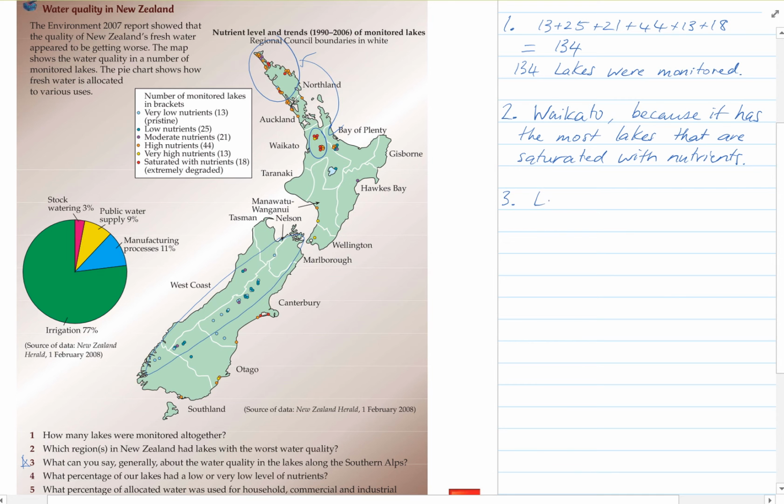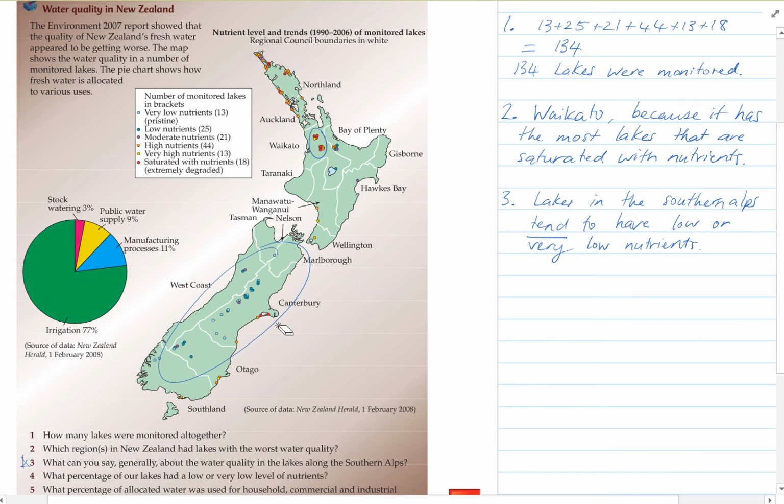So lakes in the South Island, in the Southern Alps, tend to have low or very low nutrients. So see, I've used language there, tend, which basically means that usually, but not necessarily always, and that's basically the case here, that most of them are bluish, but not all of them.